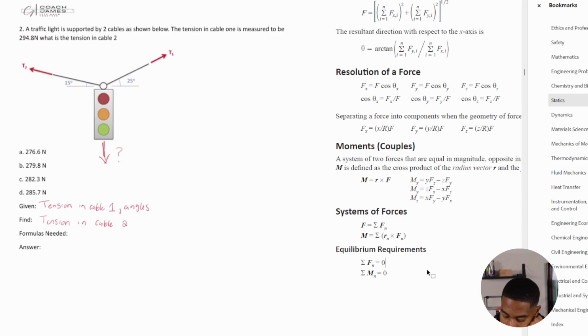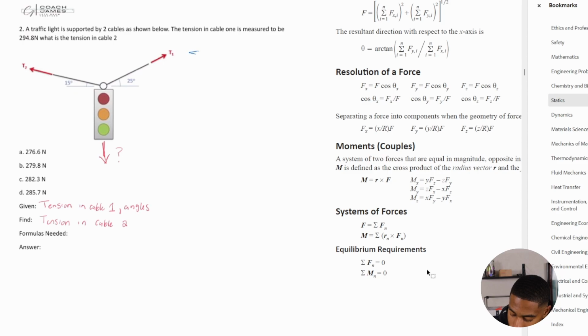Because I have an unknown, the weight of my light, and then I also have an unknown of the y value for T2. So as you're going through, you're going to notice that you want as few variables to solve for as possible when you start working out your equations. So if I do the sum of the forces in the y, I have more unknowns than I would have in the x.